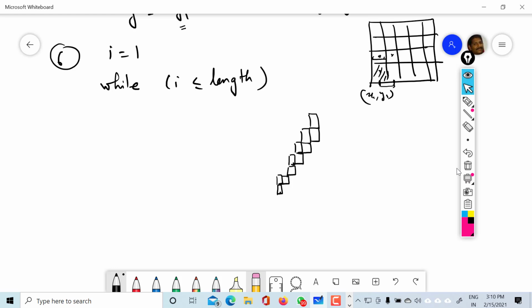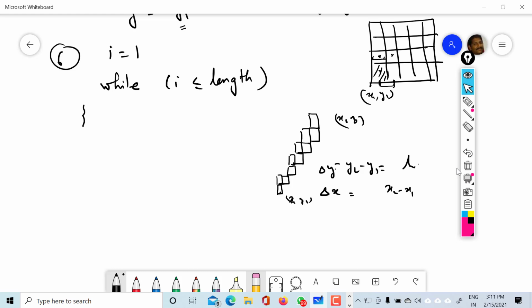I already explained that this is x1 y1, this is x2 y2, then y2 minus y1, that is delta y, was declared as length, and likewise in the x direction the length was x2 minus x1. So if you are moving in the x direction, the length will be x2 minus x1, and if you are moving in the y direction, the length will be y2 minus y1.